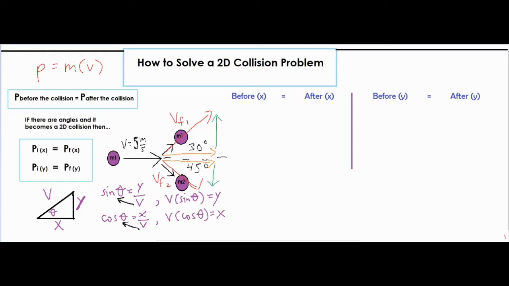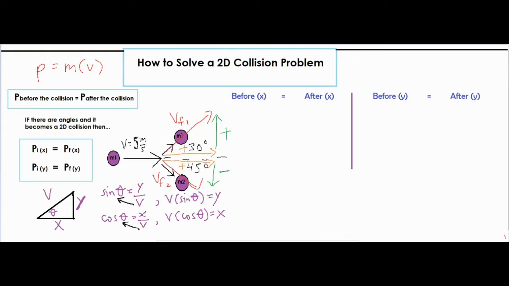Okay, so things I want to keep in mind as I'm taking a look at all these vectors: I don't care too much about these red ones at this point. Those are my final solutions that I'm looking for. But as of now, I'm just going to focus on the orange one and the green one. I could tell that this green one is upwards, so I am going to call this one positive. This green one is downwards. It's definitely going to be negative. And then I have two orange vectors pointing to the right.